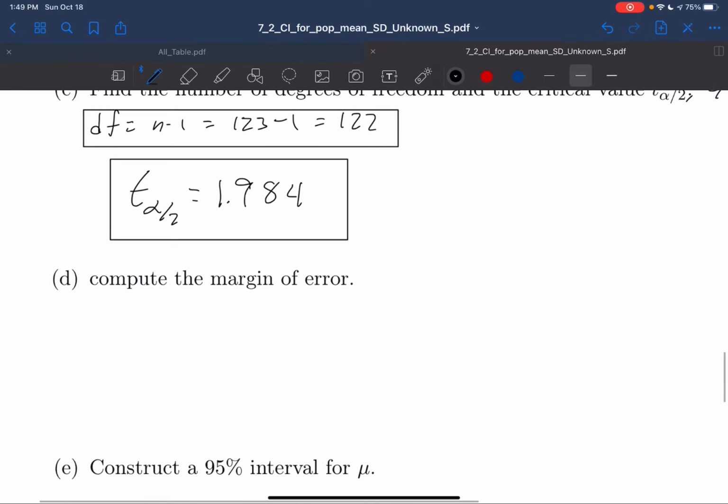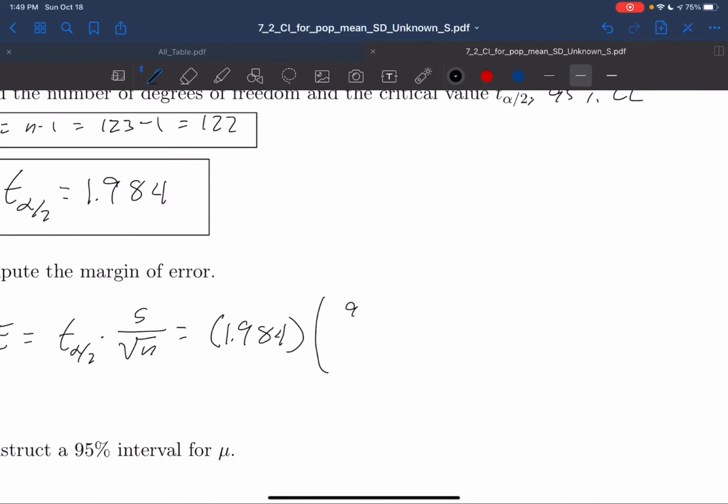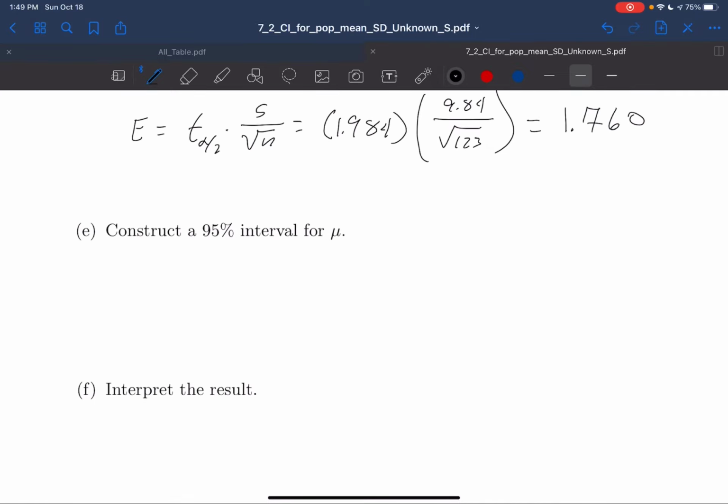Next, we want to compute our margin of error. E is equal to our critical value times our standard error, which is S over the square root of n. So this will be 1.984 times 9.84 all over the square root of 123, which will be equal to 1.760. Now we're able to construct our 95% confidence interval.